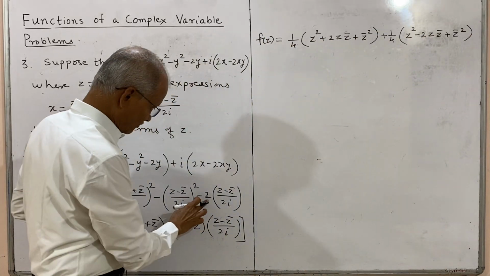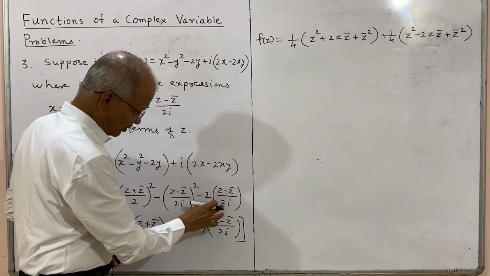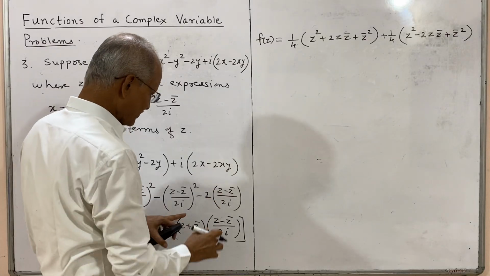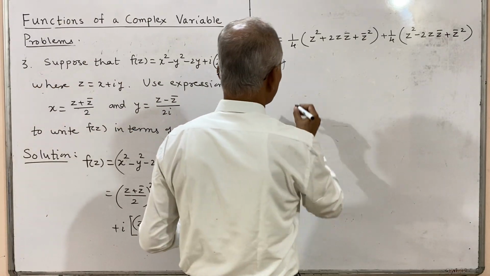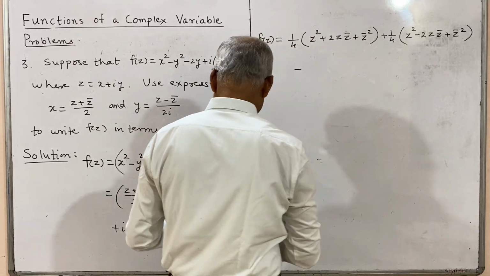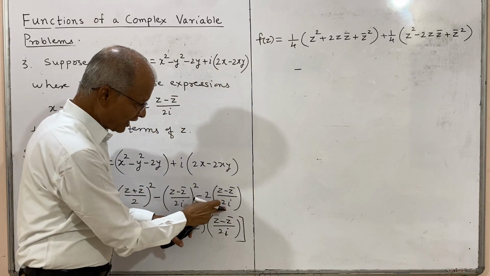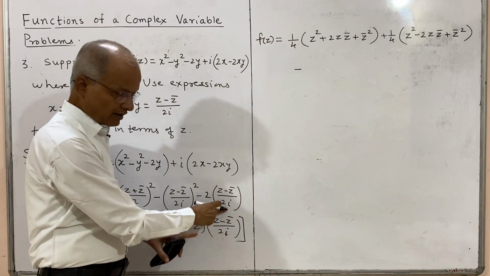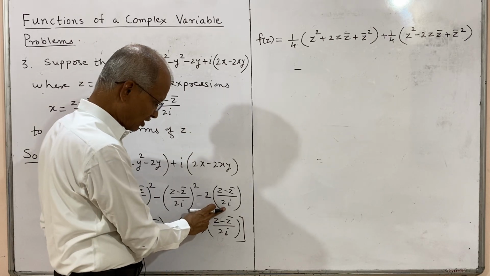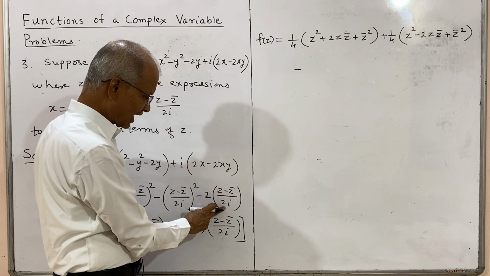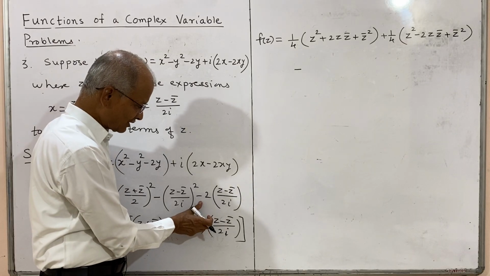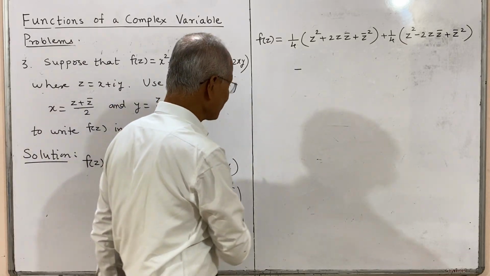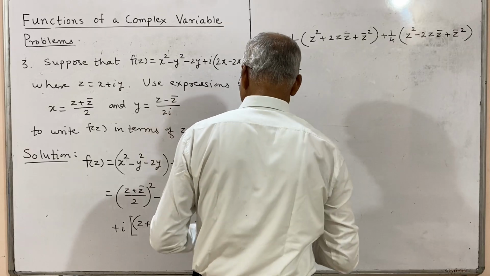And here we can cancel 2, and it is 1 upon i. But 1 upon i we shall multiply by i, and that will be minus. If you multiply the denominator and numerator by i, actually we are rationalizing the denominator, and then it becomes i square at the denominator. i square is minus 1. So that minus 1 and this minus becomes plus, and we have to multiply the numerator by i.